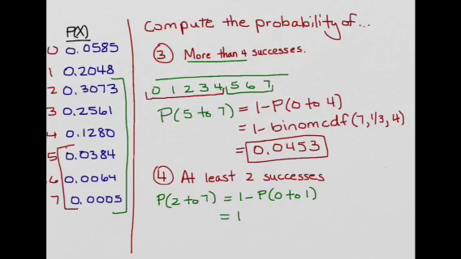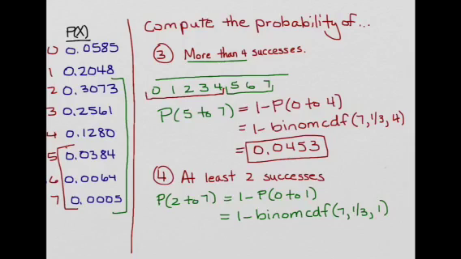So we're going to type it in as 1 minus binomial CDF 7, 1/3, and then the maximum number of successes is 1 because we're going from 0 to 1. So I put a 1 in here.